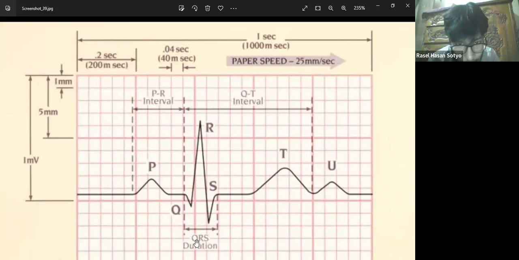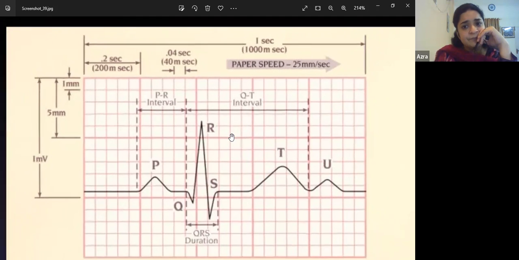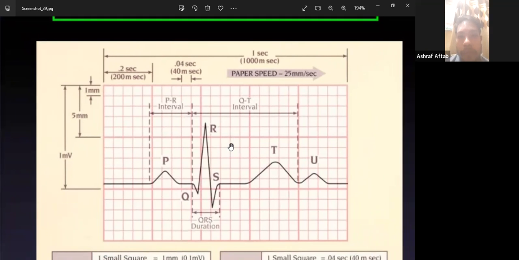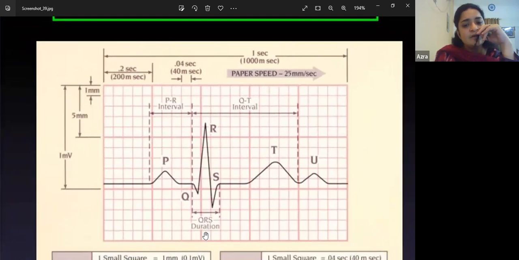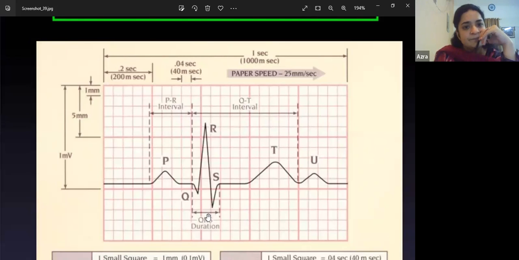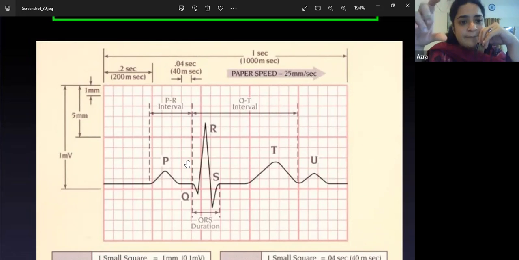Why are we calling it duration and interval? Because these are shown in time periods, like 2 seconds, 4 seconds. Duration always mentions the time period.